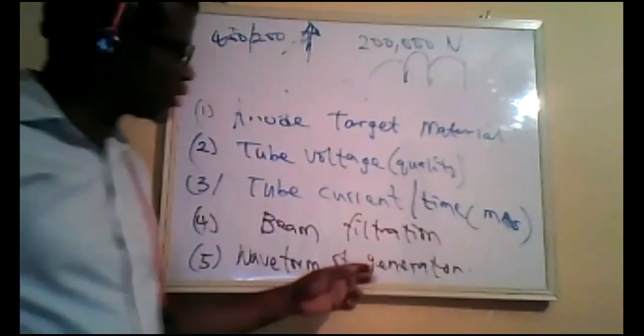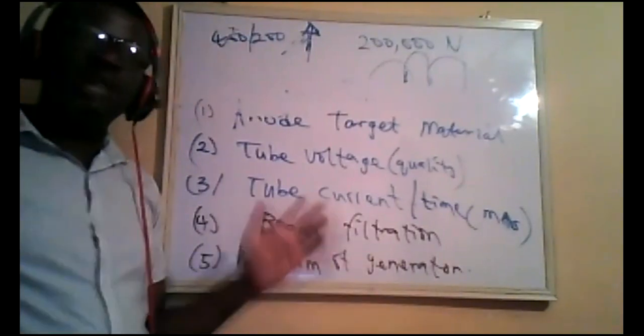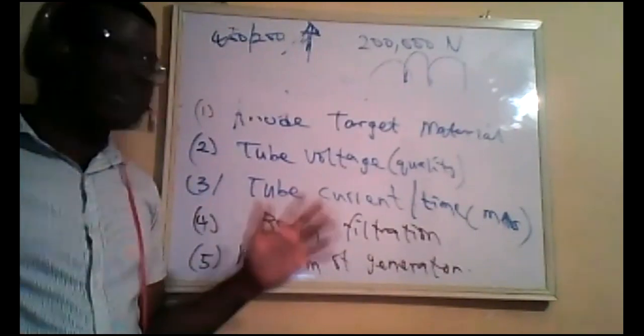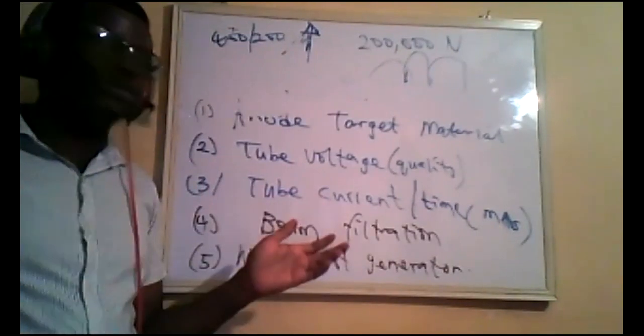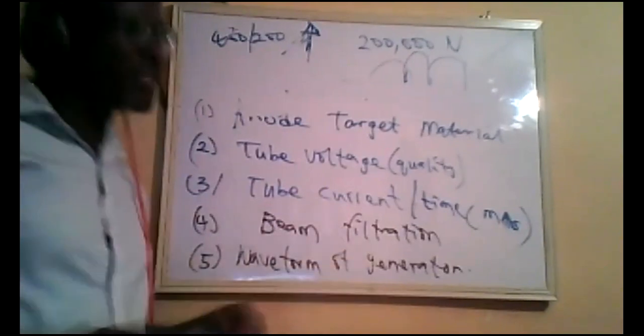It's going to lead us to the X-ray having a better energy output, so that you have a defined form of energy output. It's different from the ones in which you don't have a very good rectification.